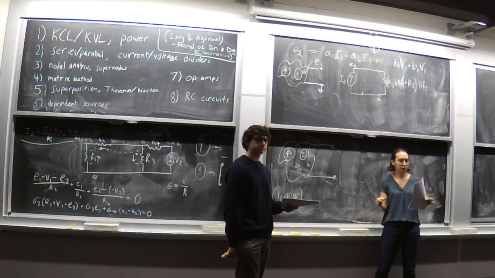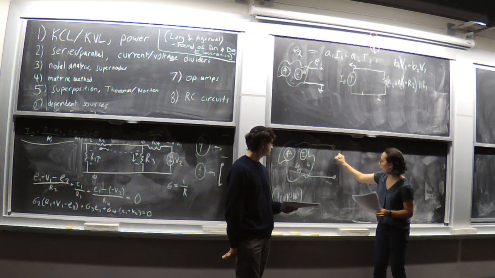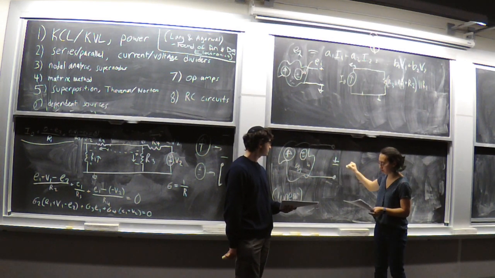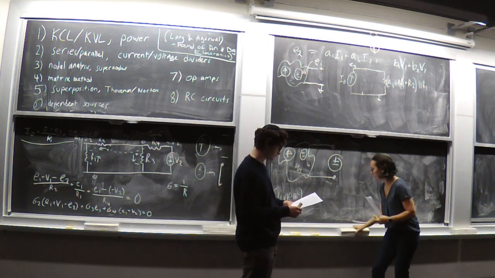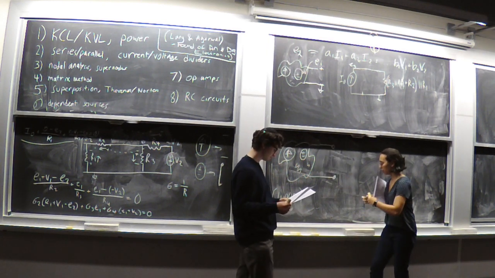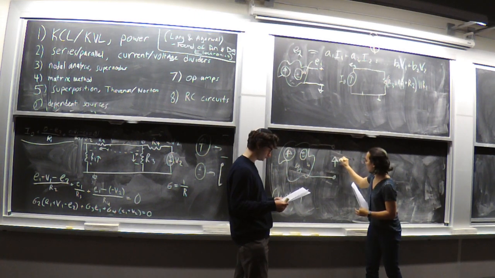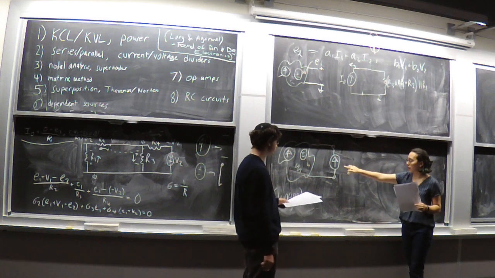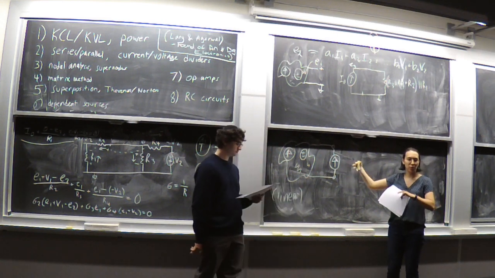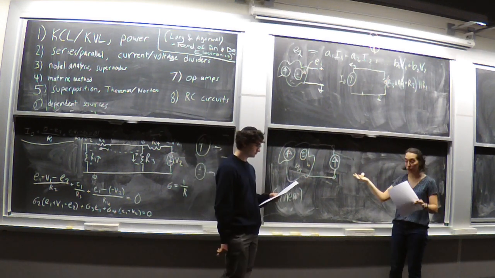Okay, so let's start with the first of those options. So we're going to send a current into our black box, and we're going to measure the voltage we get out.